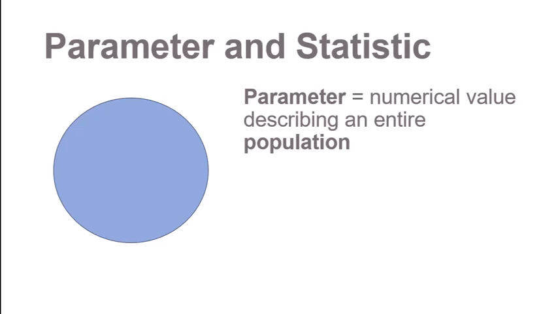So the parameter is a numerical value like an average, although the parameter could also be a percentage or a count or other summary measures that describe an entire population. So the average diameter of all pine trees in Evergreen would be a parameter.